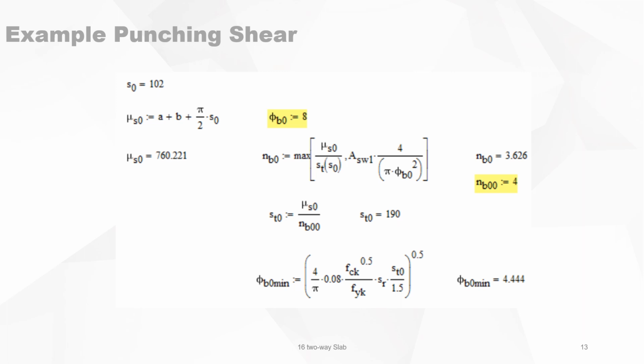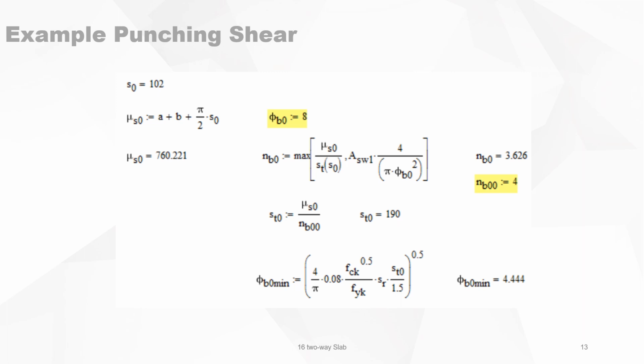On this diameter, there are some limitations. At least you must put enough rebars to obtain ASW. You must have a small enough diameter so that the tangential distance between the reinforcement must fulfill a certain criteria.